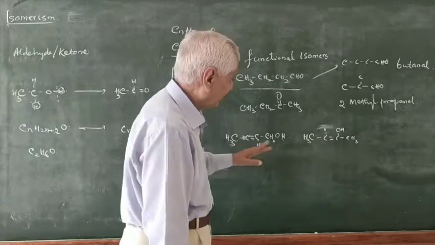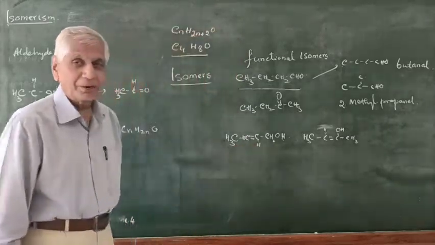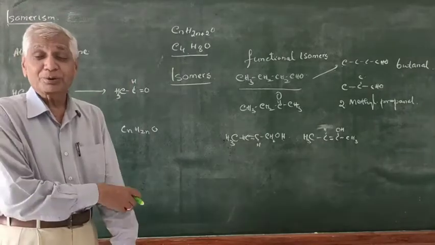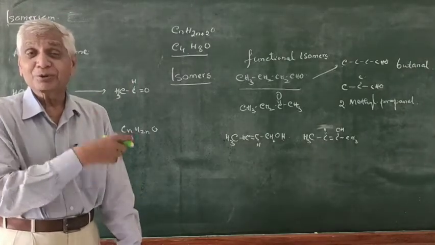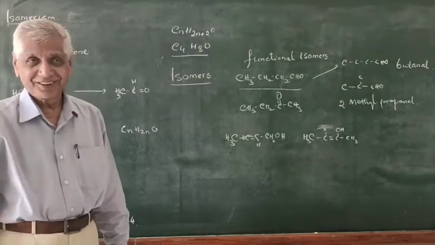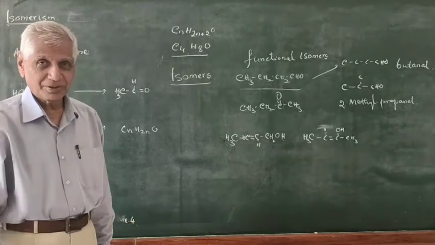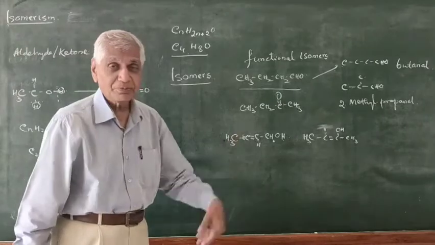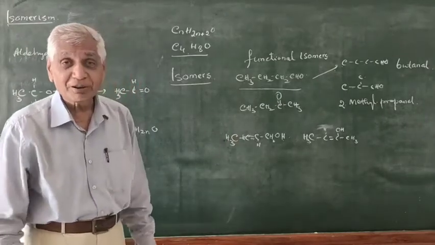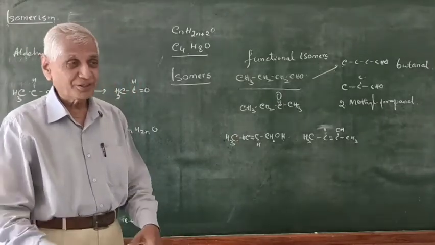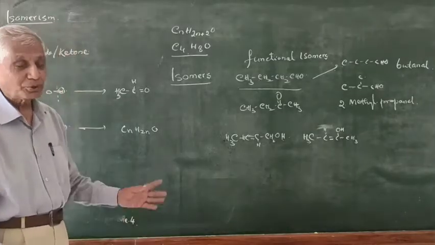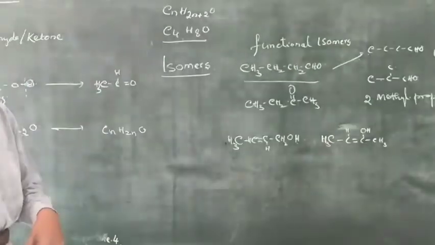When you say it is unsaturated alcohol, definitely you know alcohols and ethers are isomers. Therefore, unsaturated alcohol means there must be unsaturated ether also. So that is possible also.